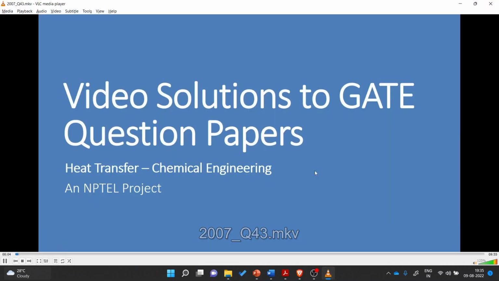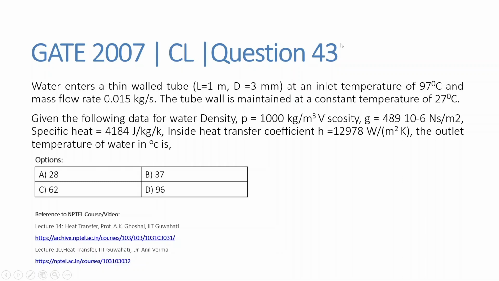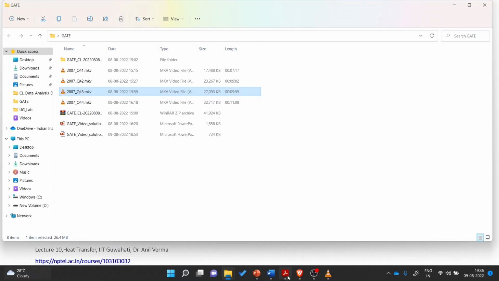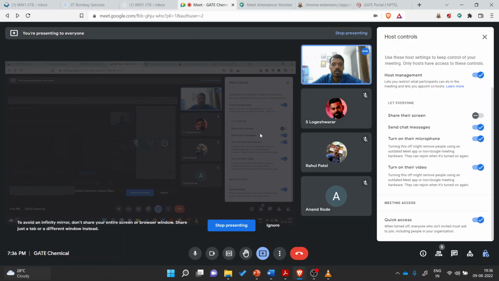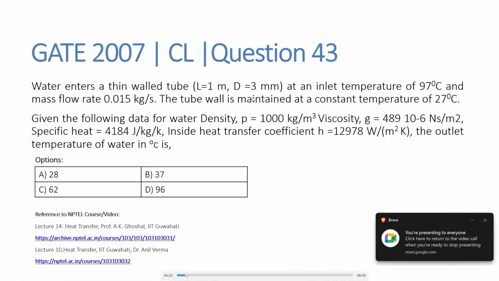Hello everyone. We will be solving question number 43 from the GATE Chemical Engineering paper from 2007, and the subject is heat transfer. The question is: water enters a thin walled tube. We have been given the dimensions of the tube: length is equal to 1 meter and diameter equal to 3 mm, at an inlet temperature of 97 degrees Celsius and mass flow rate of 0.015 kg per second. The tube wall is maintained at a constant temperature of 27 degrees Celsius.